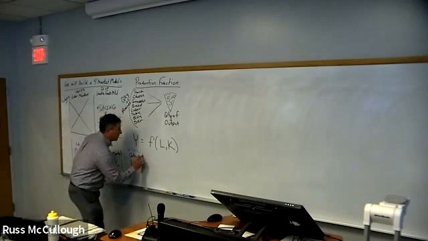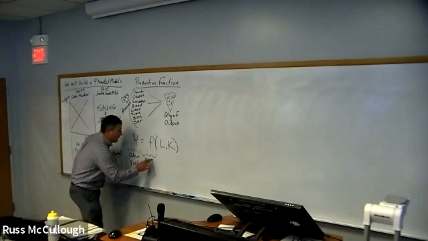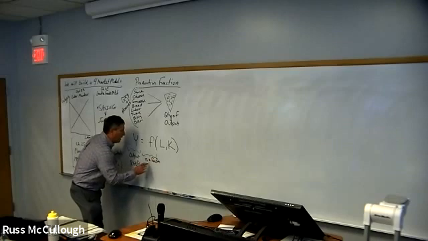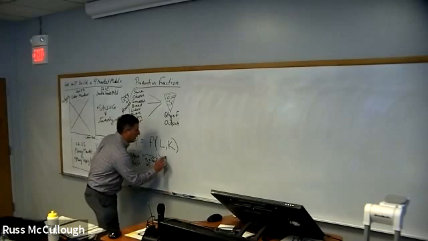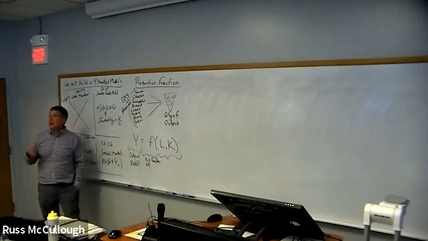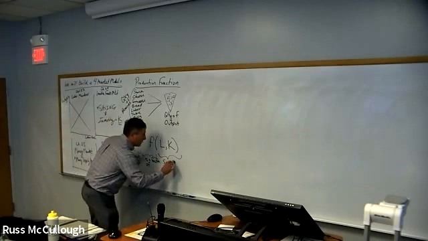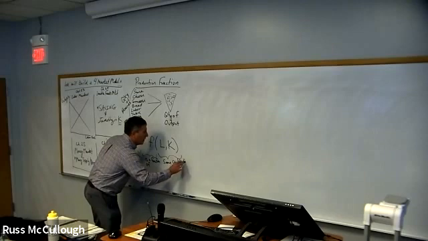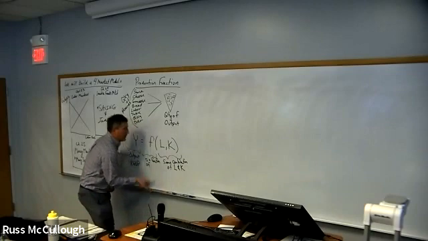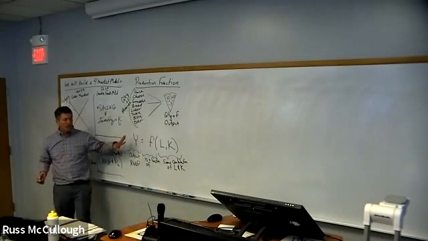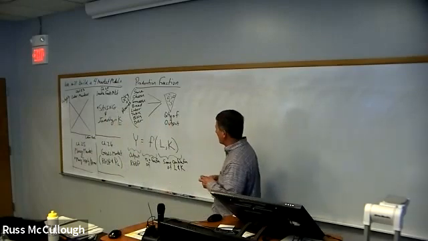Well, it's a function of, with a little f, the things in the brackets. The brackets are saying some combination of labor and capital. We could get more fancy and put other resources, but I'm just going to put L and K to simplify things, and this is what your textbook does too.